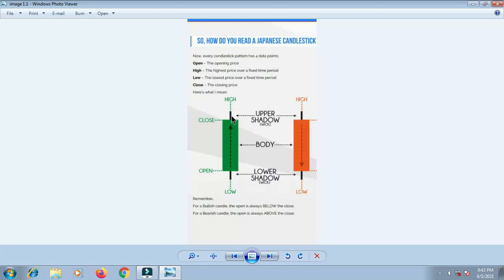Basically the open and the close are the main thing which represents the body of the candle, and the wicks and the shadows only show the price reaction, like where it went and from where it reversed, up to which point it went.